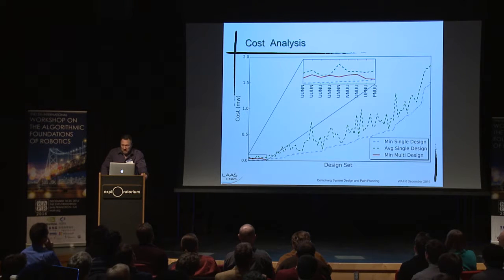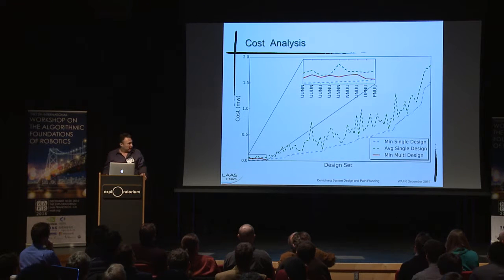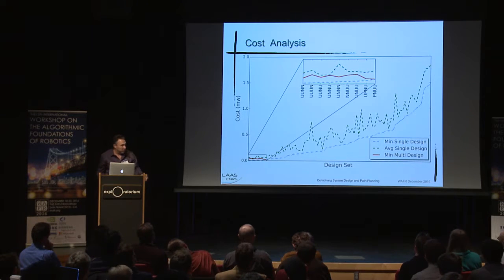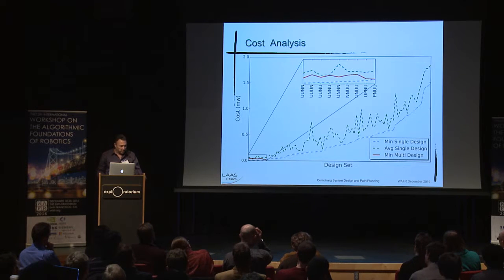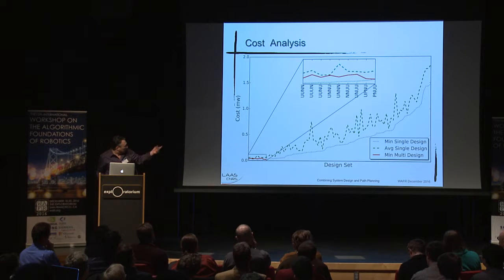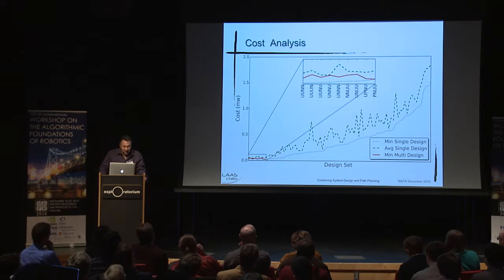So along with the runtime analysis, we also needed to look at the cost of, did it actually find the optimal path? And you can see here, these are all the different design sets going across the x-axis. So there are 81 of them. They're ordered by cost. And I've zoomed in here on that low region since it's kind of hard to see.